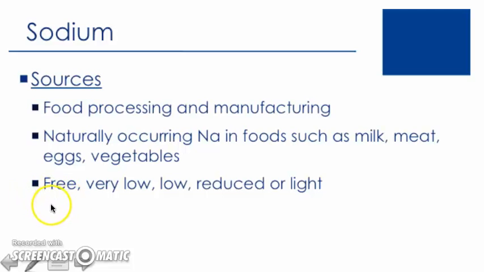Very low sodium would be less than 35 milligrams per serving. Low sodium would be less than 140 milligrams per serving, and reduced or light sodium products would be those containing less than 25% of the sodium compared to the original product.